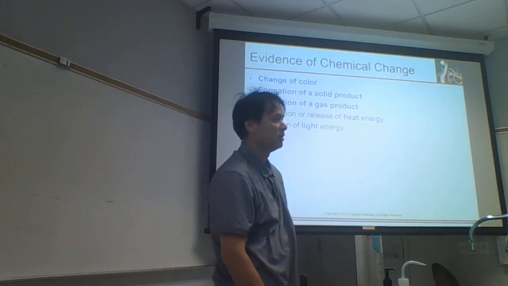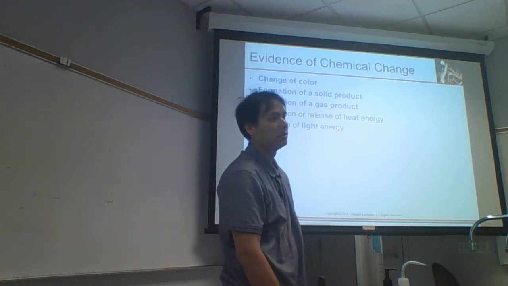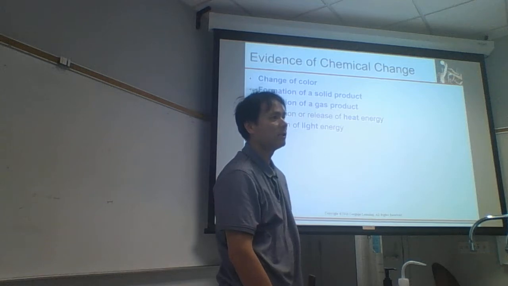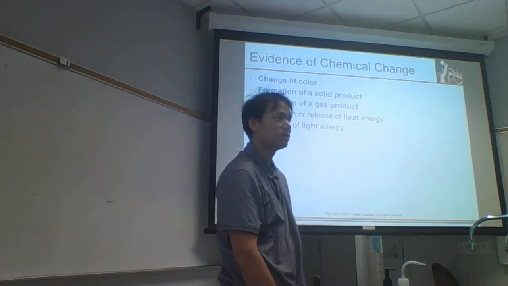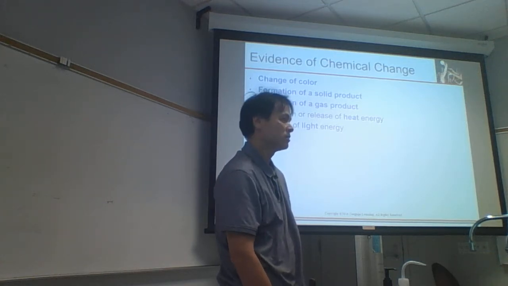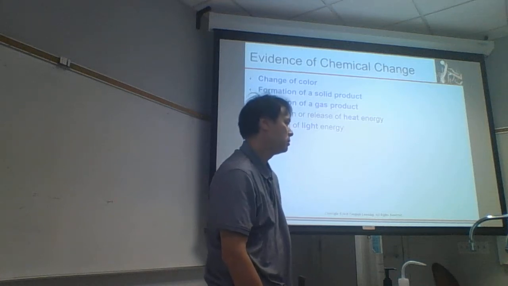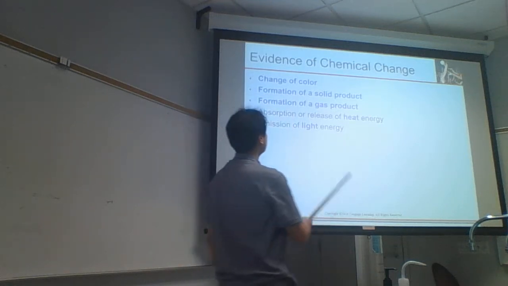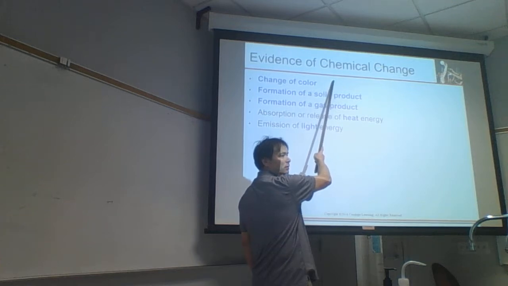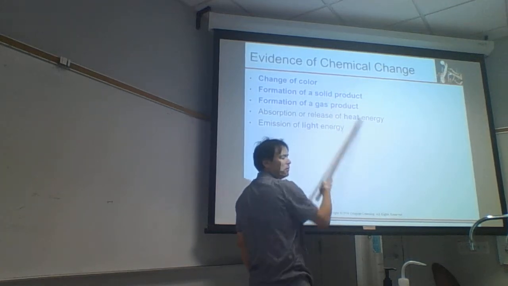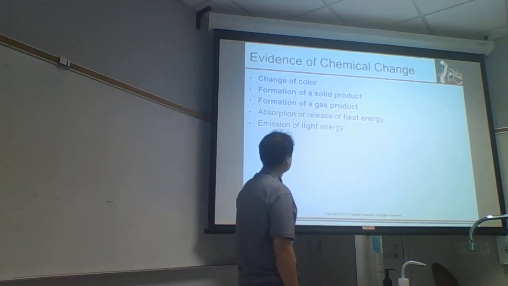It could be just physical. Hot object cools down. If you take your hot coffee and it becomes cold coffee, was that a chemical change or a physical change? It's a physical change. So all of these we could list as characteristics or evidence of physical change as well. What we have to do is look at these individually and then see.